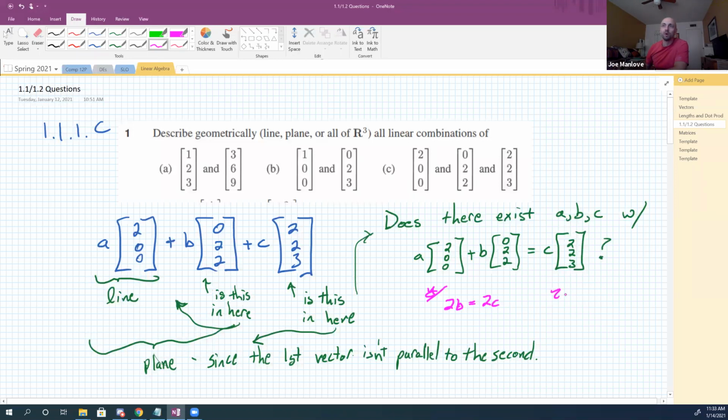But from the z component, I see that 2b has to equal 3c. That isn't going to happen unless b and c are both 0, which will also force a to be 0. You guys see that? So the only time that this vector's scalar multiples are in this plane is when they intersect at the 0 vector.